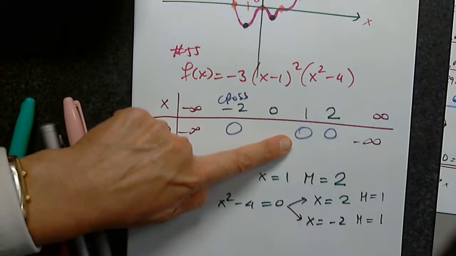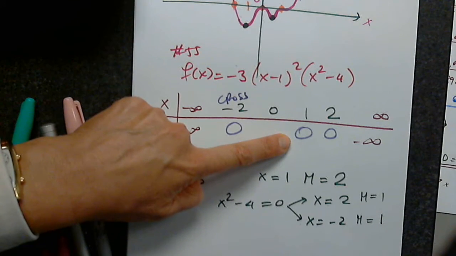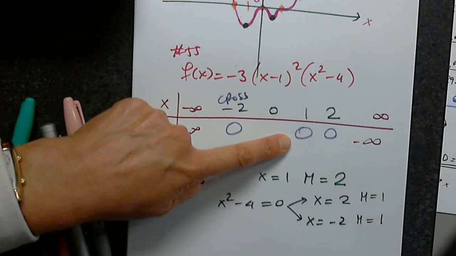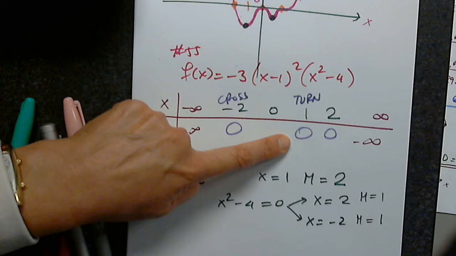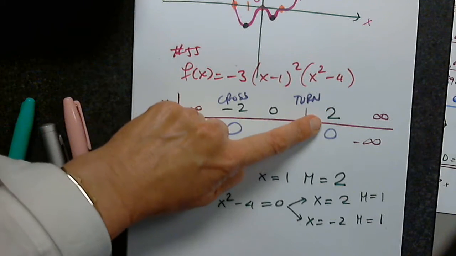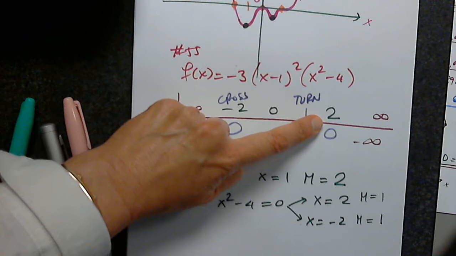What will you tell me to write above 1? Very good. Multiplicity 2 must be a term. What would you tell me to write above 2? Very good.